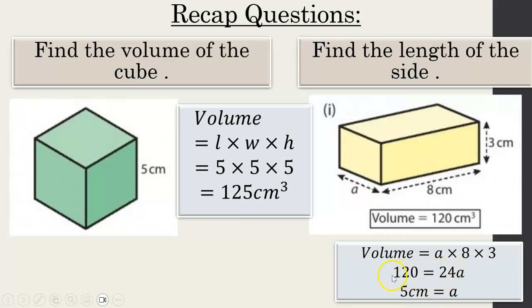Well, I can divide both sides by 24, or remember from algebra, if I bring the 24 over, it does the opposite operation, so it's going to divide. Or to think about it, what do I multiply 24 by to get 120? Well, the answer is 5. So 5 centimeters is the length of A.